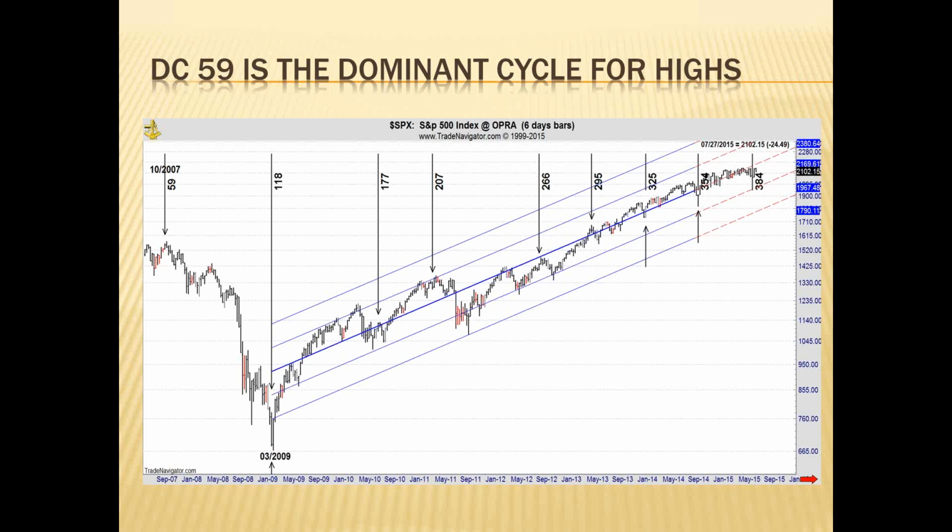When we get really big, serious, swoopy moves, then you've got to move out to the longer-term charts to identify them properly. But there was the high, and because we had a 59 cycle at the high, the 59 is the dominant cycle for highs, 62 is the dominant cycle for lows, 44 is the cycle for gold.